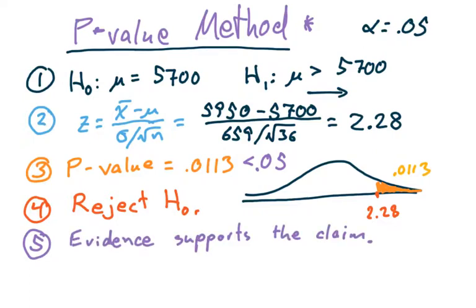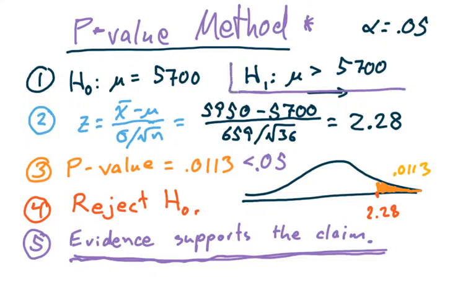I should have just stuck my neck out and written that anyway, because that is a usual, standard sort of generic answer whenever we reject H subscript 0. We say the evidence supports the claim, because remember, usually the claim is whatever is stated in H subscript 1. So if we throw away H subscript 0, then that means we've found sufficient evidence to back up whatever the alternative hypothesis is.